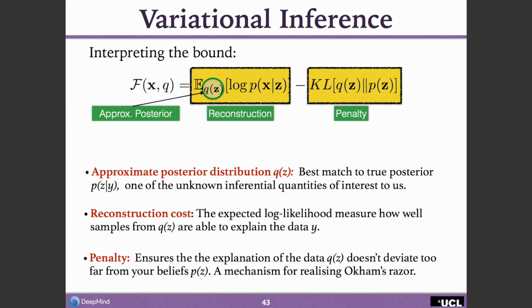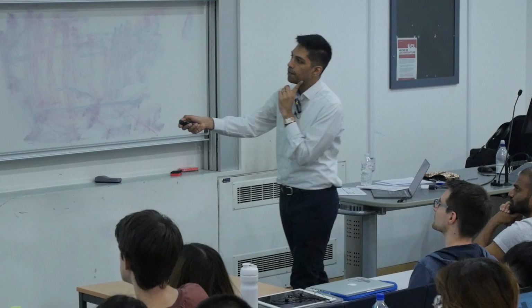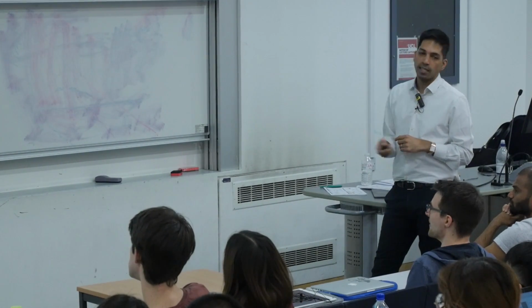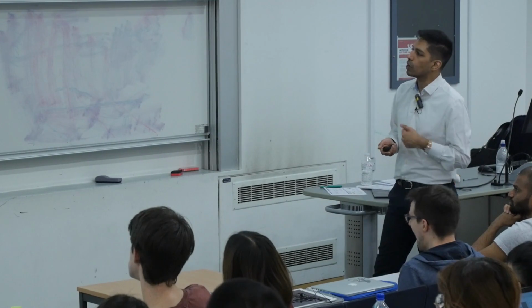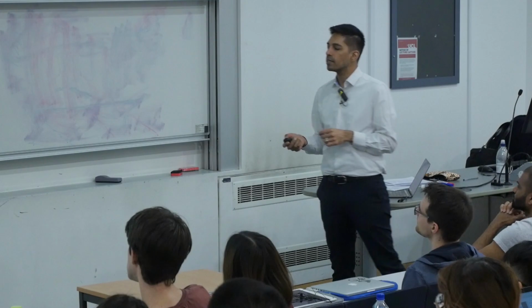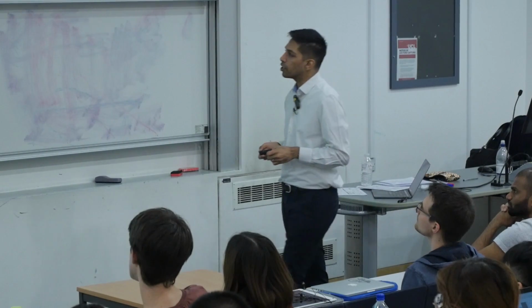You should read Z given X here, and I'll try to fix them when I put that online. So again, Q of Z tries to match the true posterior, P of Z given Y, and knowing P of Z given Y is one of the useful inferential quantities. And then you have a reconstruction cost, which I talked about, and then a natural penalty, which is the mechanism for Occam's razor.